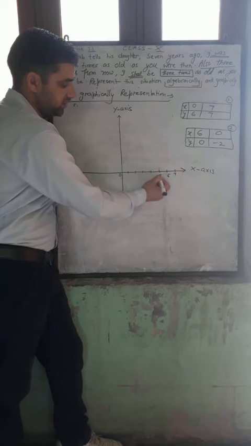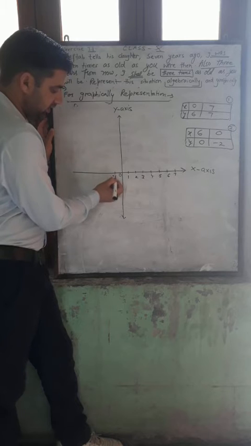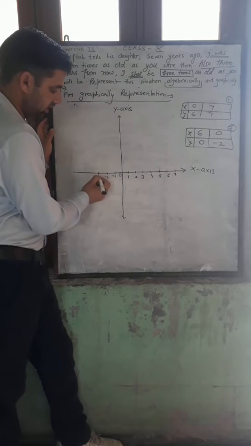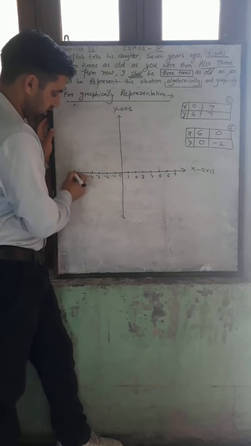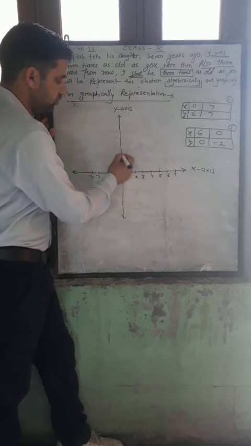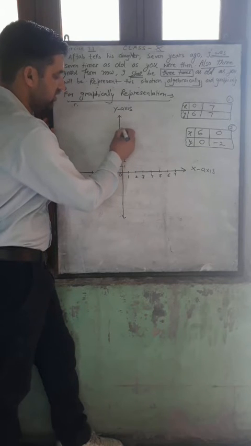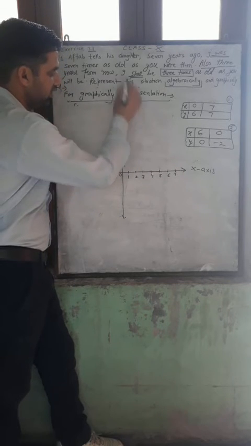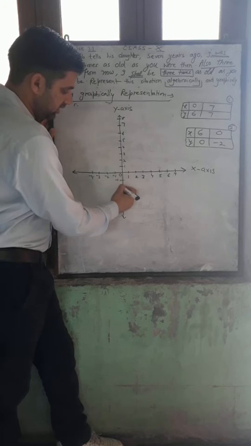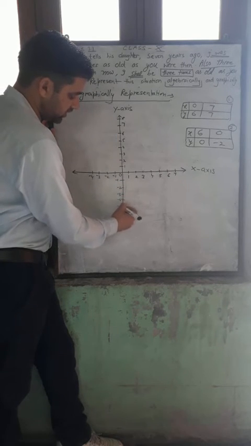Similarly, on the other side it is -1, -2, -3, -4, like that. Similarly, on this side 1, 2, 3, 4, 5, 6, 7, 8. Downside -1, -2, -3, -4, -5.